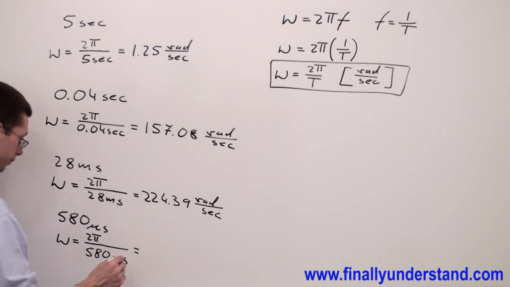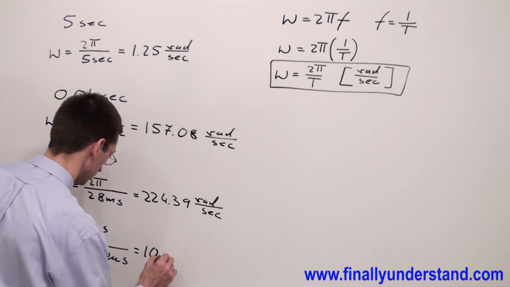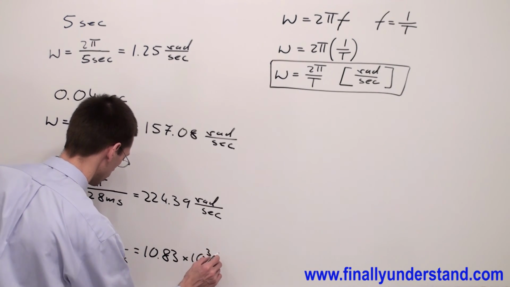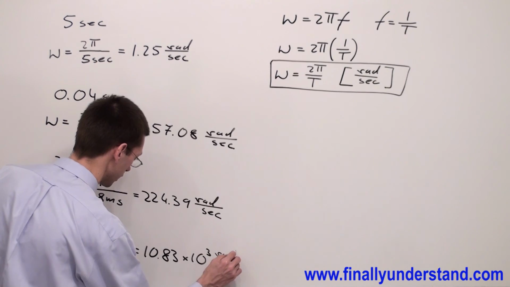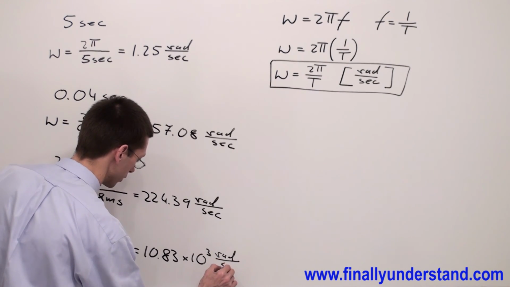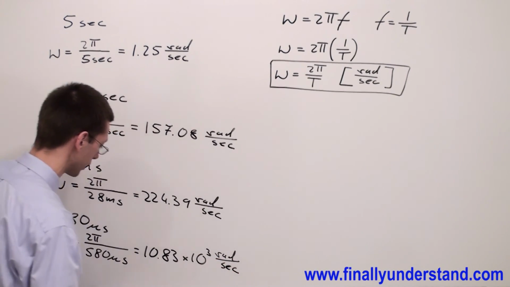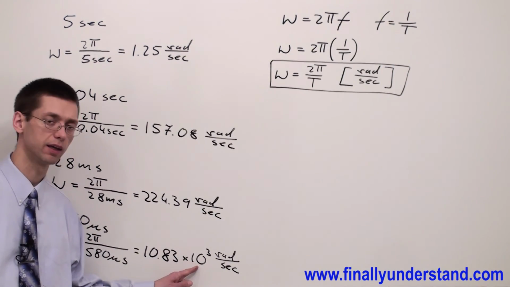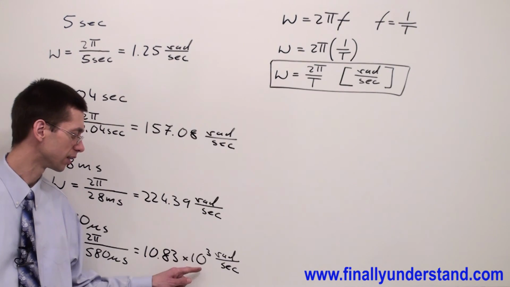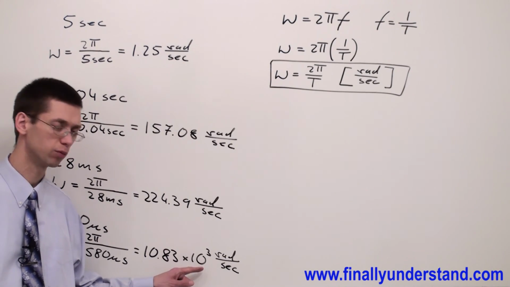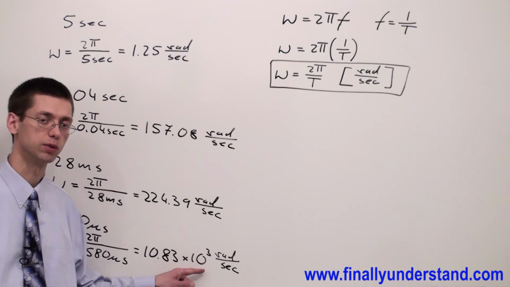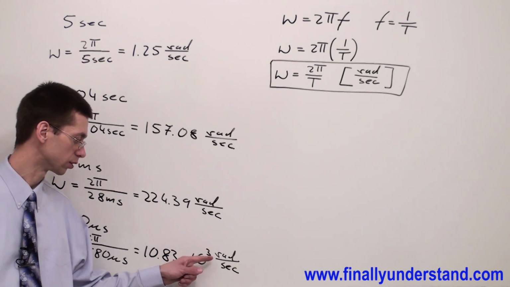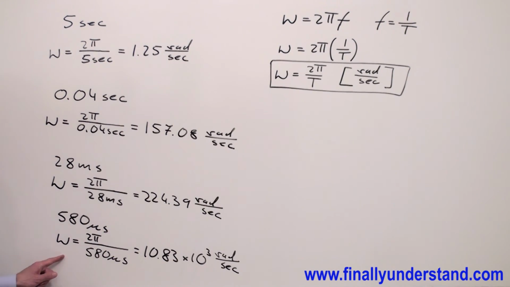This is equal to 10.83 times 10 to the third radians per second. Anytime we talk about the radian frequency, we don't use k. In some books you can find k radians per second, but most of the time we try to keep the power of 10. So I have 10.83 times 10 to the third radians per second as the solution to this problem.